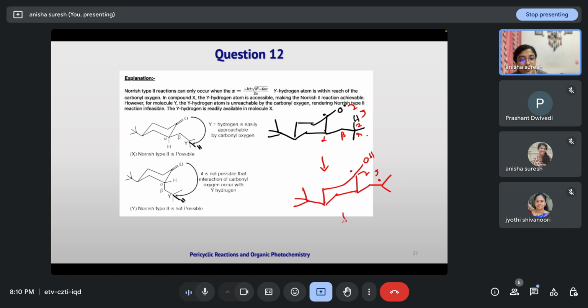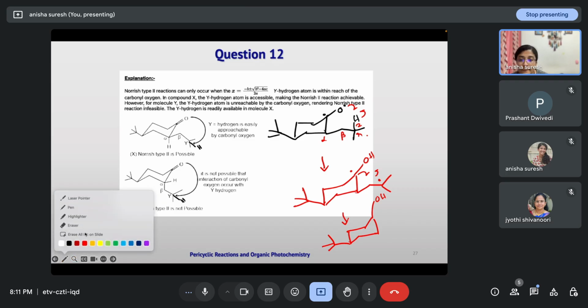A 4-membered ring will be forming. So this will be the final product that is forming in this reaction.